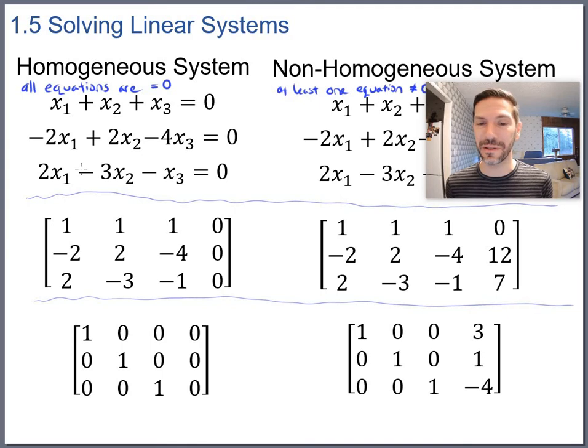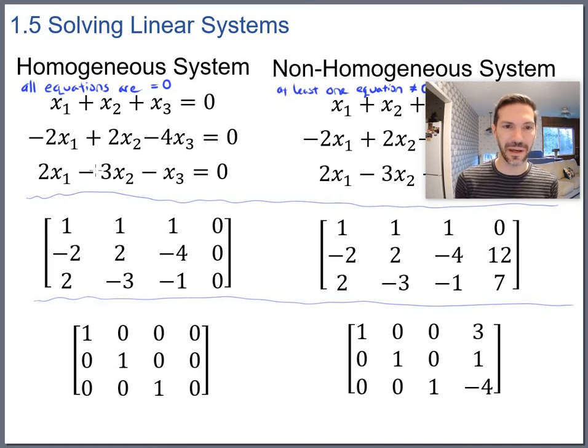No matter what the coefficients are, this 2 could be 200 or 2 million, it would still be the case that if you plugged in 0 for x1, 0 for x2, and 0 for x3, you would solve all three equations. So that's probably worth jotting down somewhere.